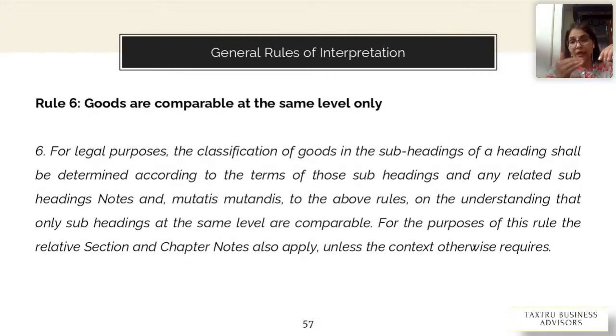Though the description may fit with one of the chapters or subheadings, I cannot compare, because the section itself is excluding that good. So we have to see whether, first of all, the two sections under which I'm trying to classify both include my product or not. In case they are including it, then I have to see whether the chapters where I'm trying to compare both include it or not, and only then can I compare it further.